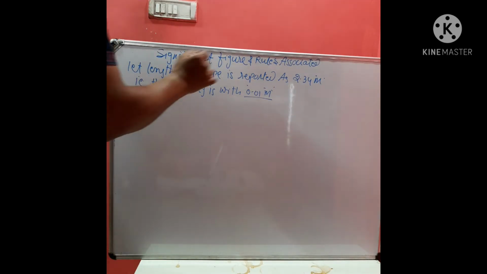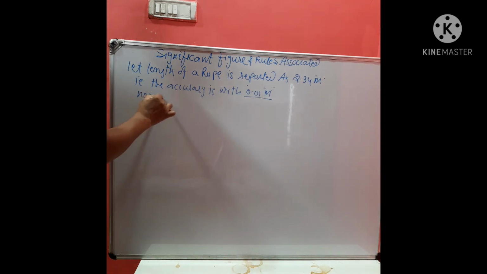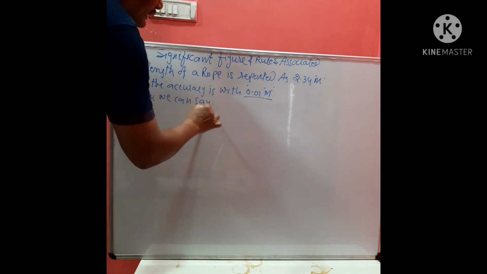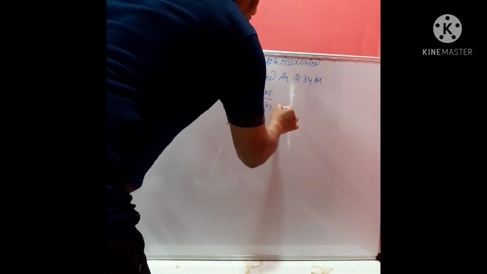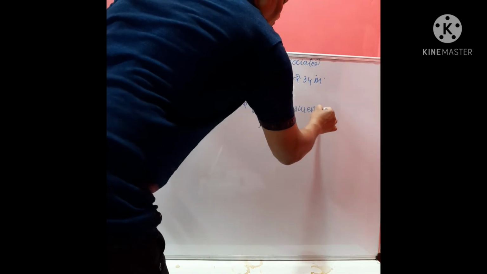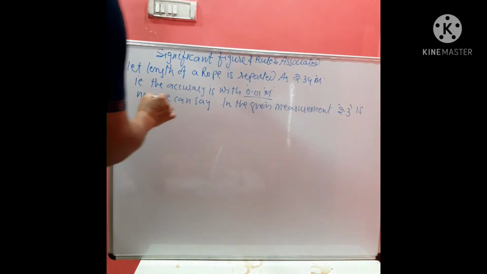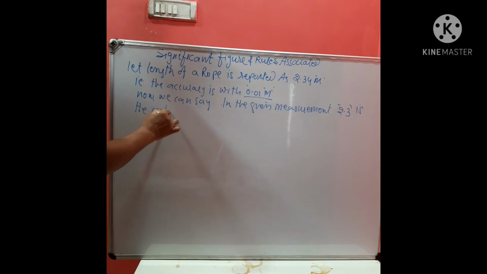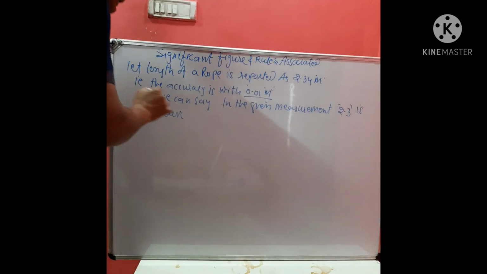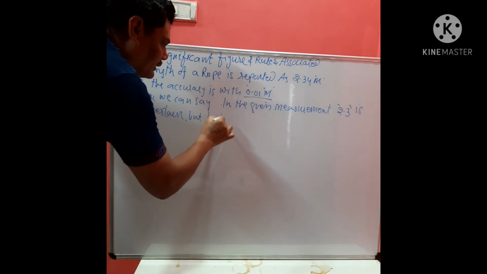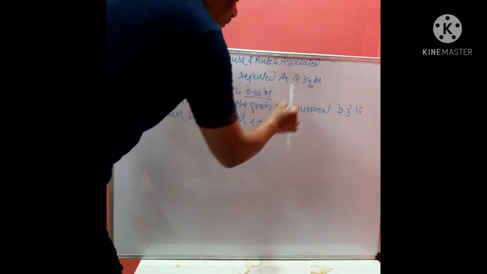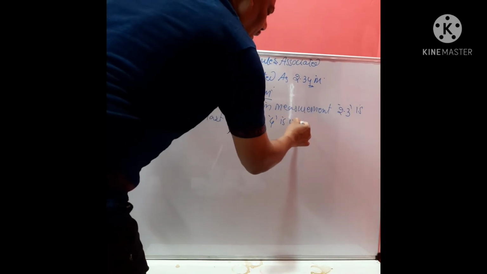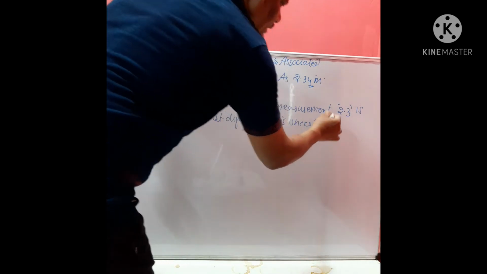Now we can say that in the given measurement, 2.3 is the certain part, but the last digit, this 4, is uncertain.